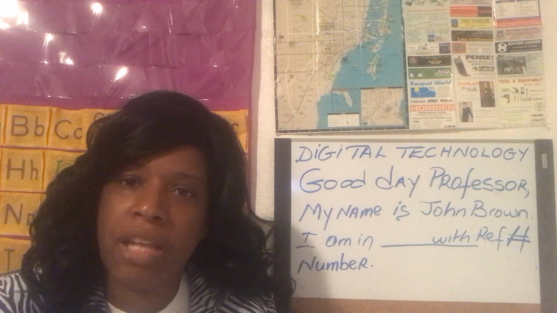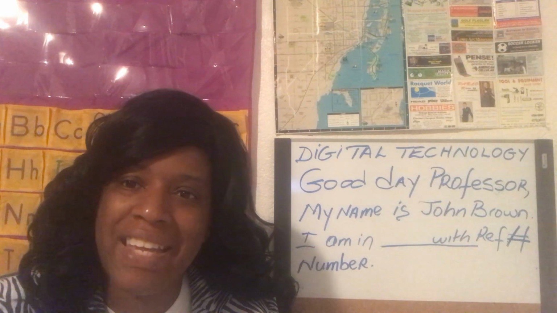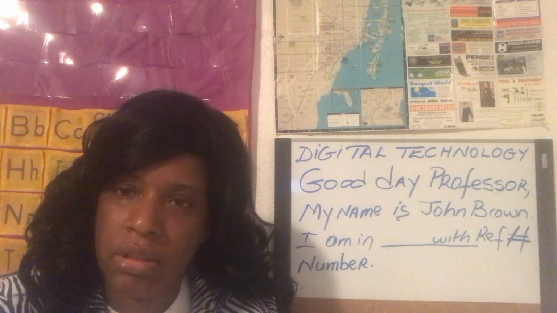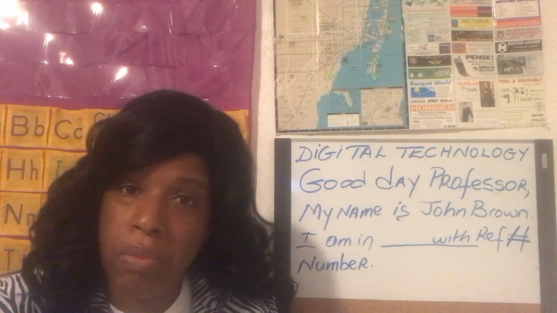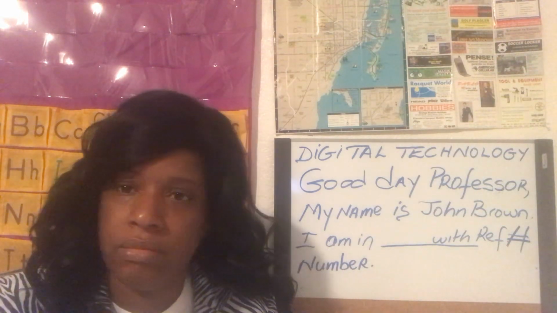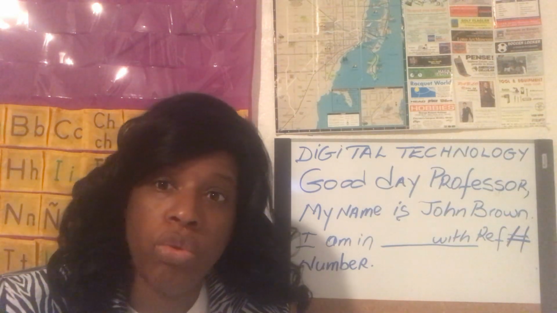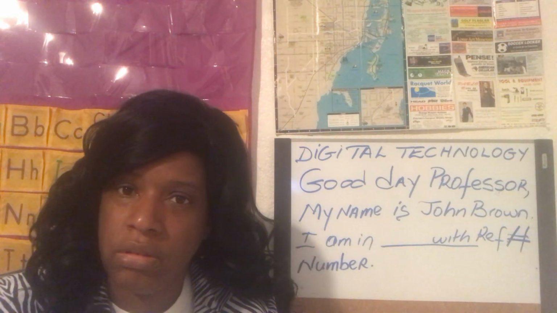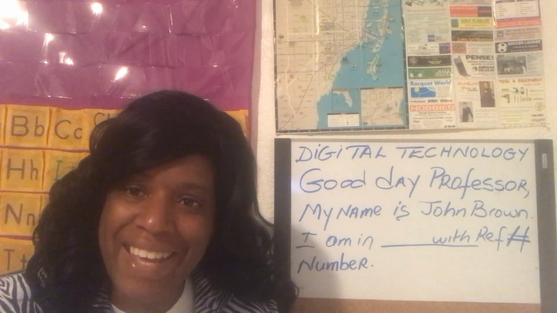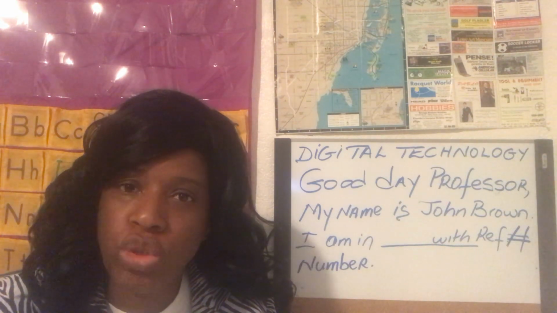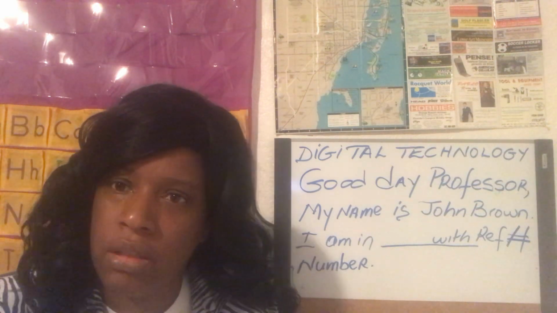Then the second step is you say, my name is. My name could be John Brown. It could be Maria Gonzalez. It could be Eves Josephs. However, when you write that name, we also need to know which class you are in.